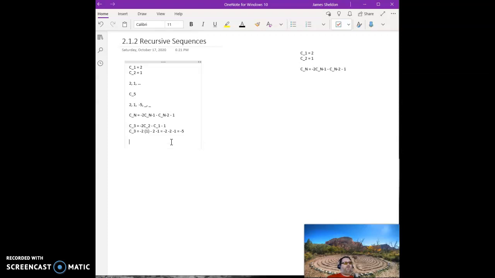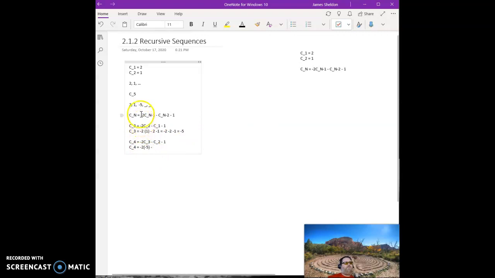So next we'll go C sub 4 equals minus 2, C sub n minus 1 becomes C sub 3, minus C sub n minus 2 becomes C sub 2, then minus 1. Great, so now C sub 4 is minus 2, C sub 3 is minus 5, so we'll bring in the minus 5.